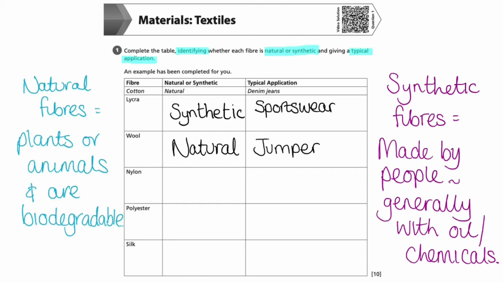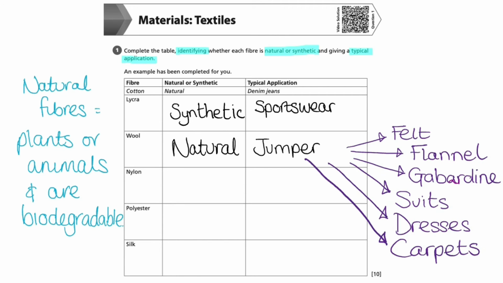This makes it a great fibre to use within a jumper, which is the typical application I am going to write in the second column. Wool, however, is a common fibre that has a wide range of uses, and you may have chosen to identify a typical application of wool as being carpets, dresses, suits, gabardine, flannel or felt.